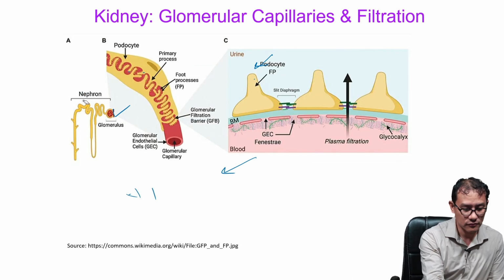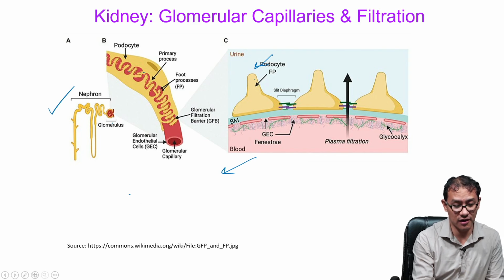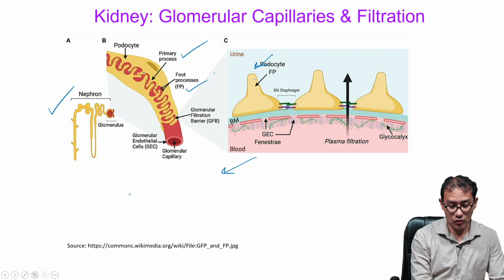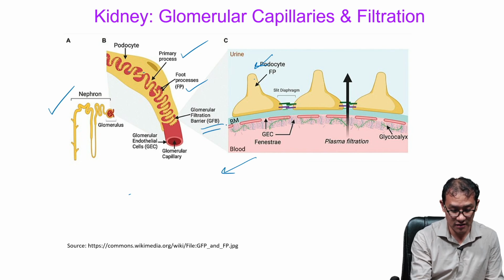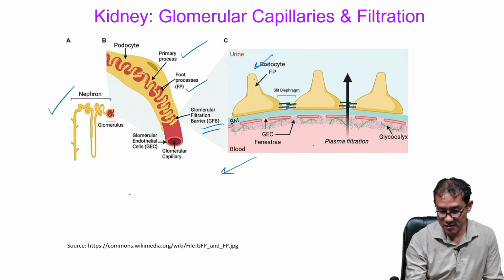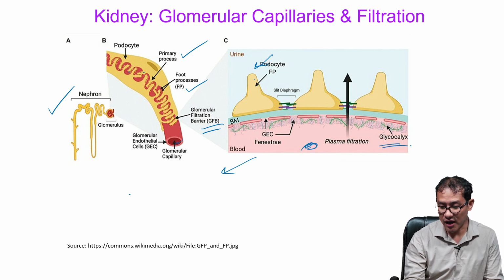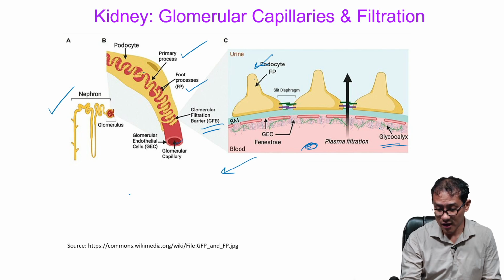Again a similar thing. Here you can see that this is a nephron, and the glomerulus is there. If you expand it, you can see these are podocytes and their processes, for example primary processes and foot processes, and the basement membrane is always present. Then the endothelium is present inside, with the plasma in the blood, the glycocalyx, and the endothelial cell with fenestrations.